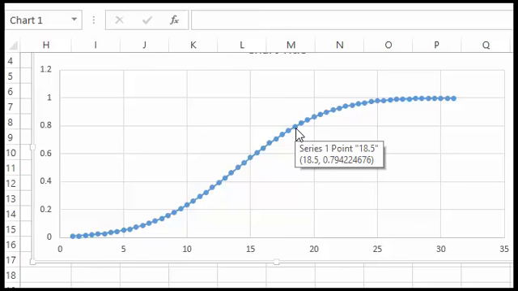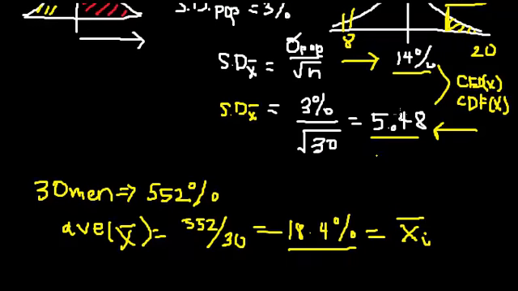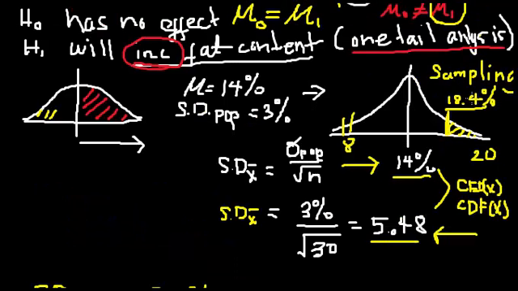The probability of getting 18.5, so we can just use 18.5, is 0.794. Alright, let's write that down. 0.794. Remember that the cumulative distribution function is not getting this.